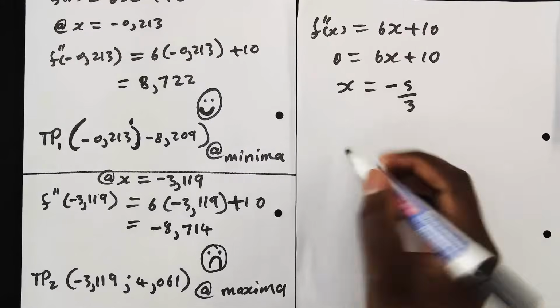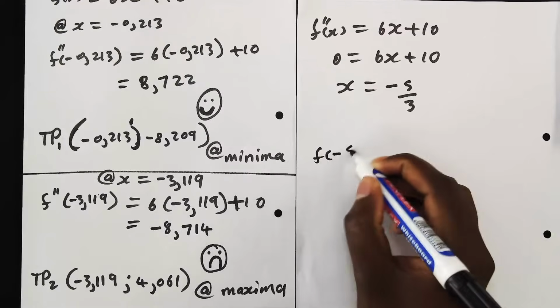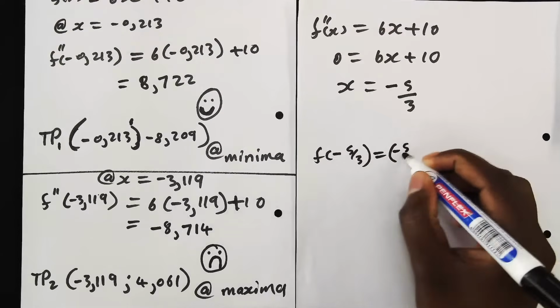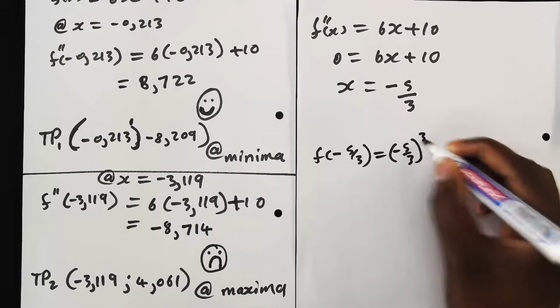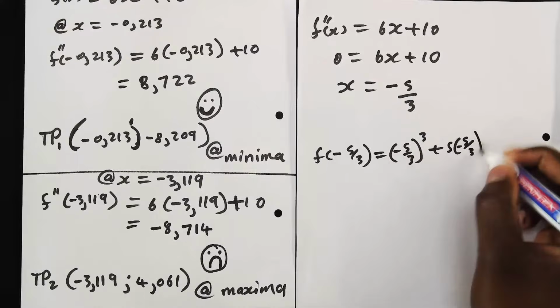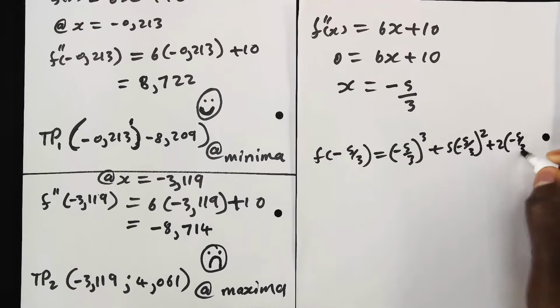So substitute the x value into the original function, which is x cubed plus 5x squared plus 2x minus 8.